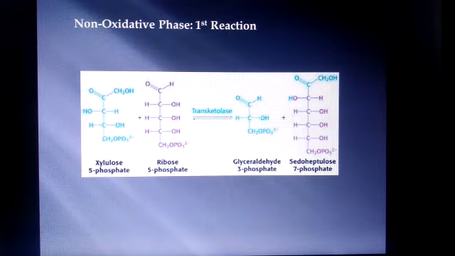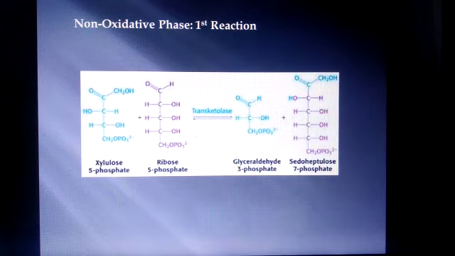These enzymes create a reversible link between the pentose phosphate pathway and glycolysis by catalyzing the reactions from two C5 compounds to C3 and C7. After that, C3 and C7 produce C4 and C6 compounds, and then C4 and C5 compounds produce C3 and C6, that is glyceraldehyde 3-phosphate and fructose 6-phosphate.